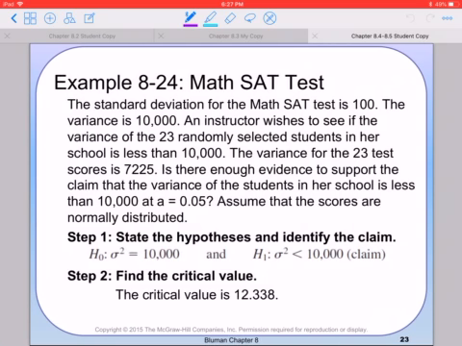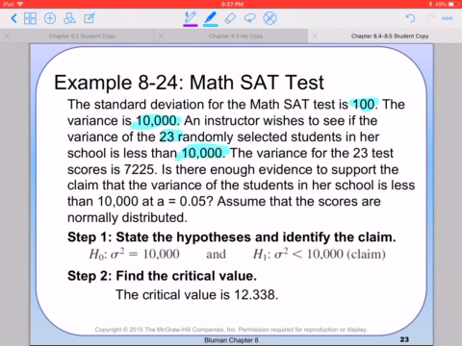So for this one, we are looking at the Math SAT test. The standard deviation for the Math SAT test is 100. The variance is 10,000. An instructor wishes to see if the variance of the 23 randomly selected students in her school is less than 10,000.